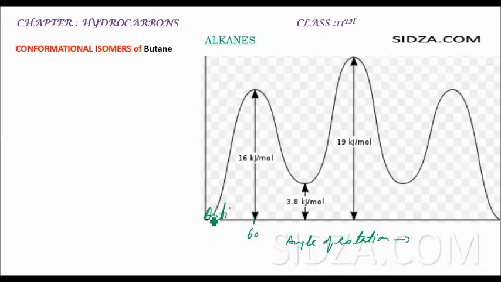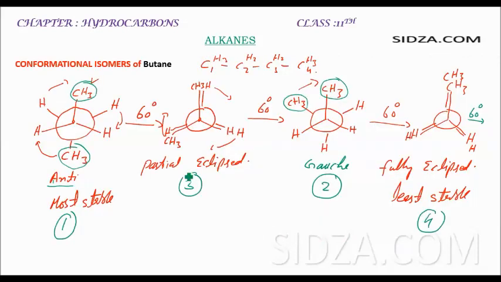From anti, you get partially eclipsed. In the previous slide we discussed that. So by a 60 degree rotation, anti becomes partially eclipsed, and partially eclipsed becomes gauche.